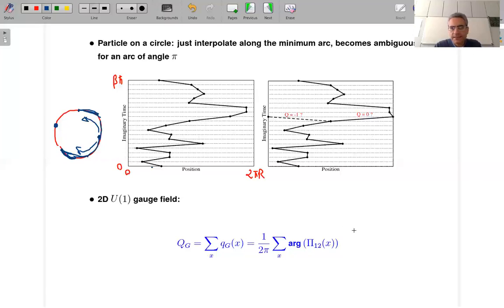You just take, in this case you have U(1) gauge link variables going around plaquettes, and you have a phase.